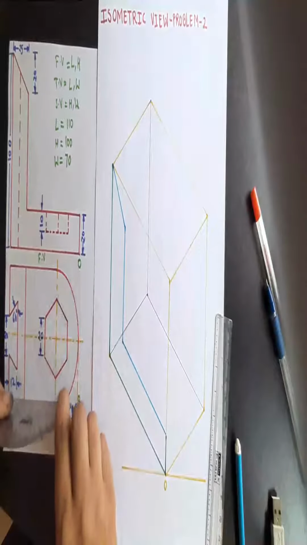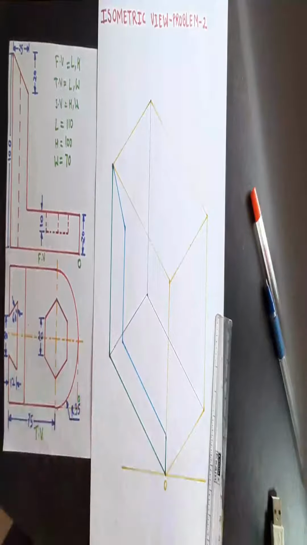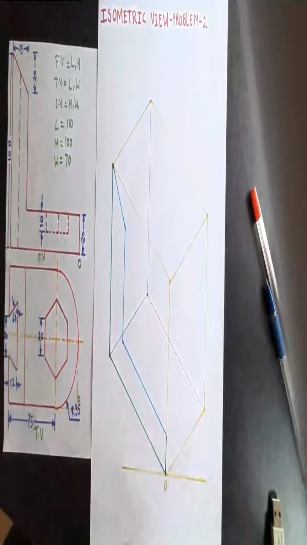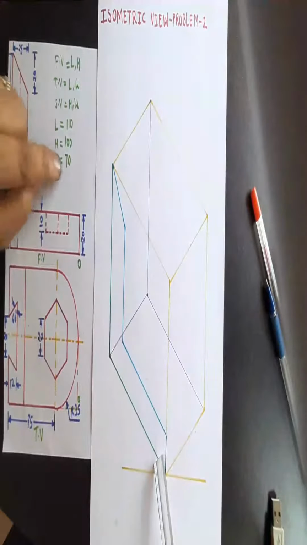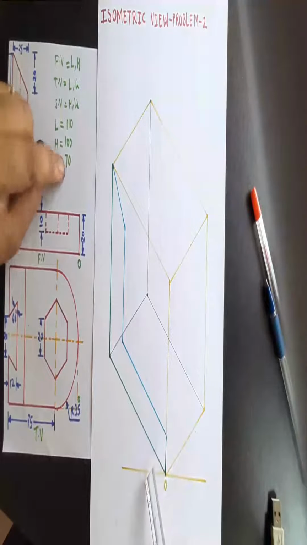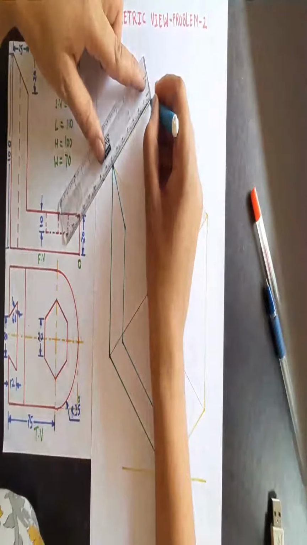So we can extend this front view along the width. So let me extend it in our isometric view. It is extended along the width by a distance of 70 mm. From each of these points we are supposed to extend it along the width, that is by 70 mm.